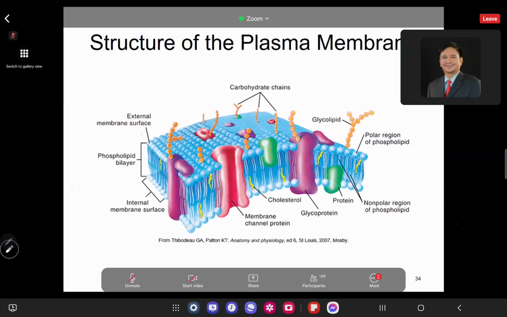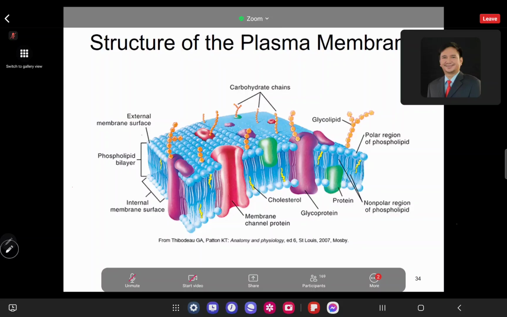Your phospholipid bilayer provides a semi-permeable barrier for your bacterial cell. We have also proteins. Look at these proteins. Embedded membrane channel proteins and glycoproteins facilitate transport, signaling and cell recognition.